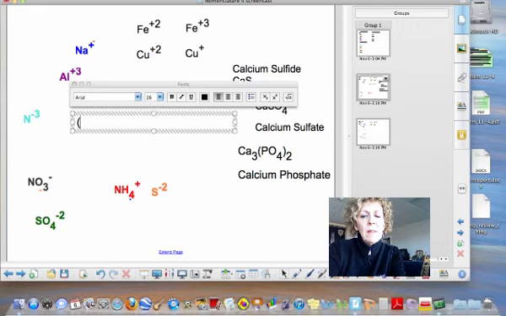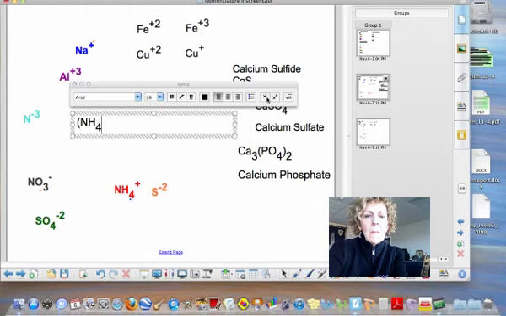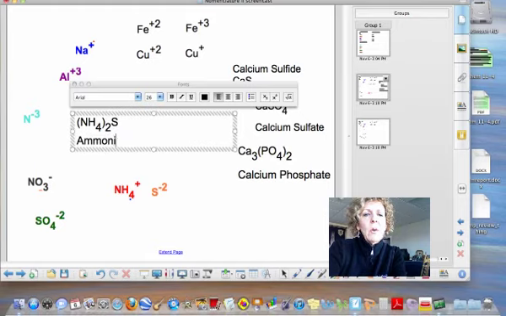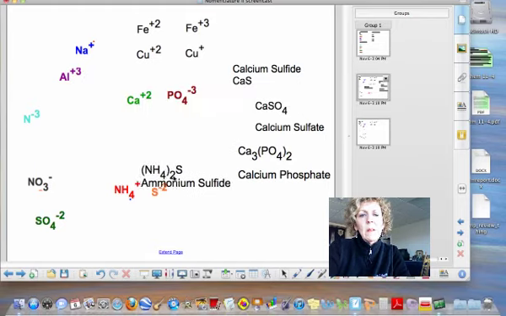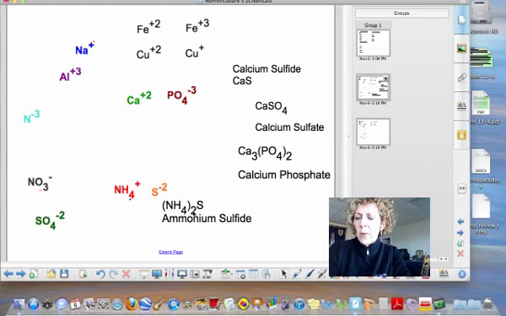So I'm going to say parentheses NH subscript 4 because that is the formula for ammonium. And I need 2 of those, and then here comes my sulfide. And so this is ammonium sulfide. And I see the parentheses there around my polyatomic ion.